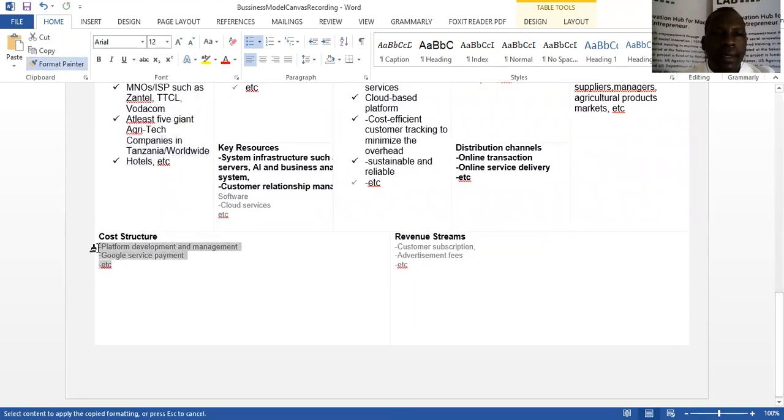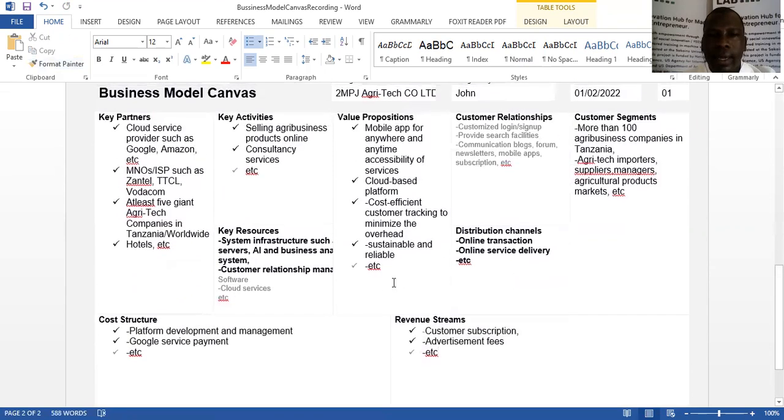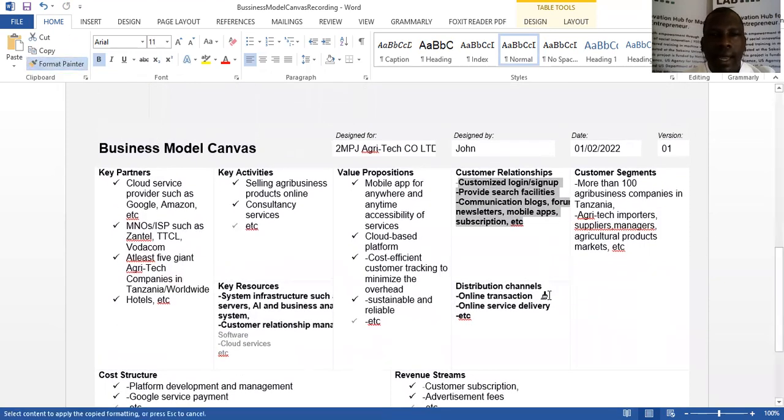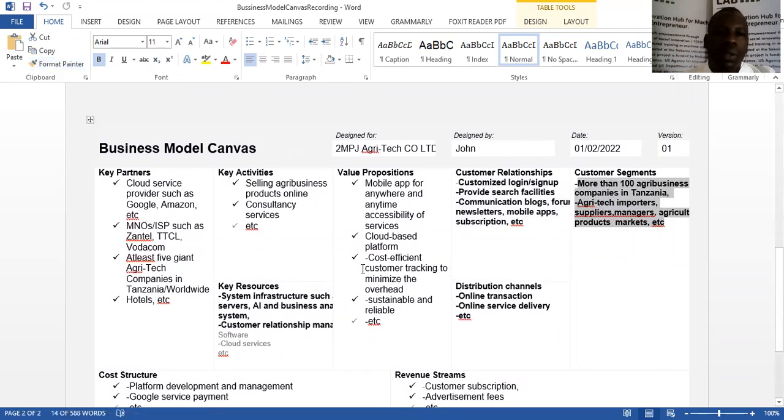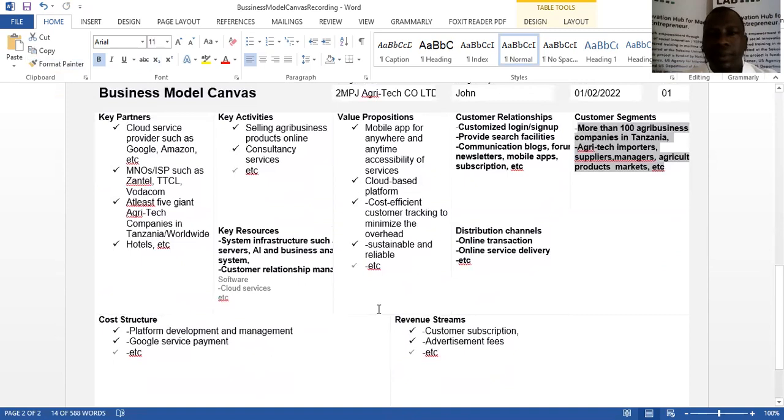And now the task ahead of us is to think about any business scenario that is suitable in our environment, and from there, let us develop a suitable business model for our business.